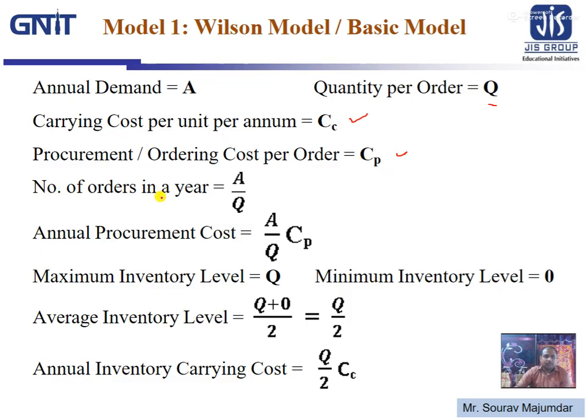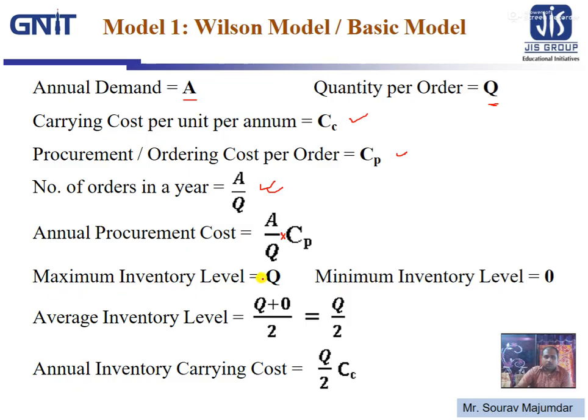The annual demand is A and order quantity is Q, so the number of orders should be A by Q. So A by Q is the number of orders per year. The annual procurement cost will be the number of orders into CP, that is A by Q into CP. That will be the total procurement cost per year.